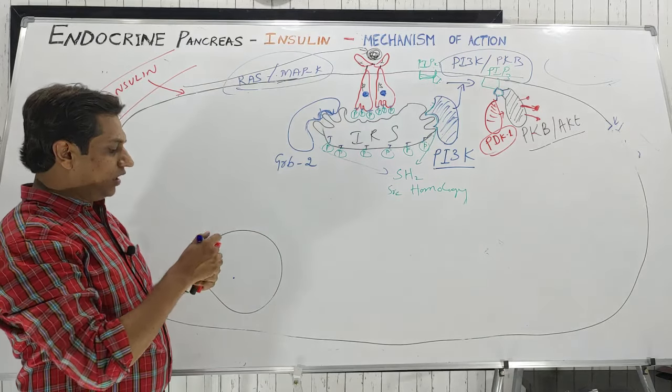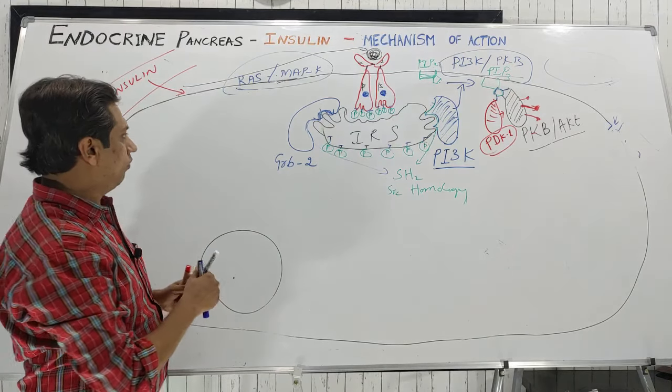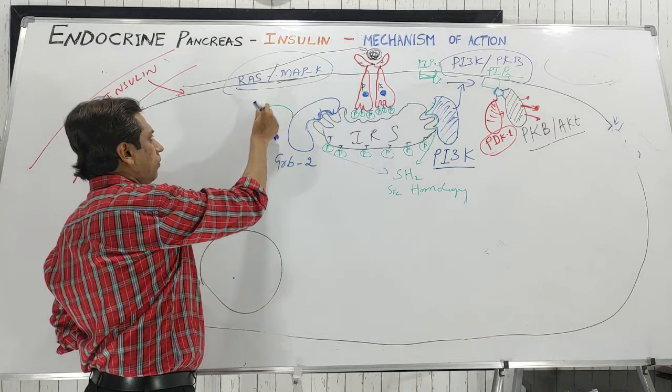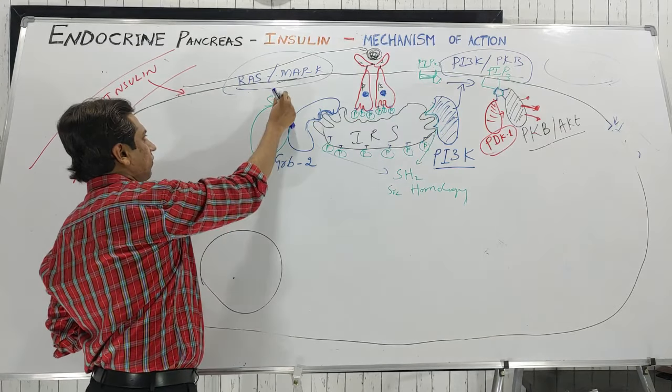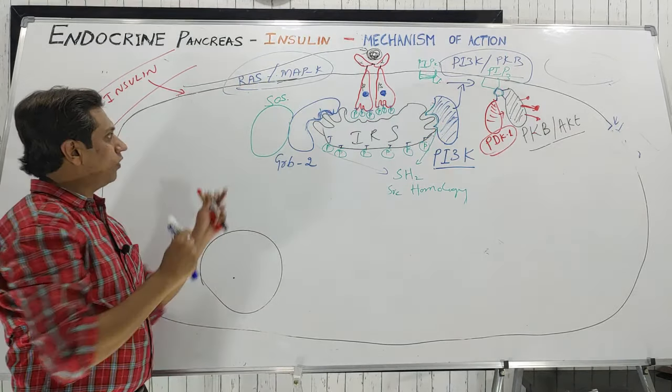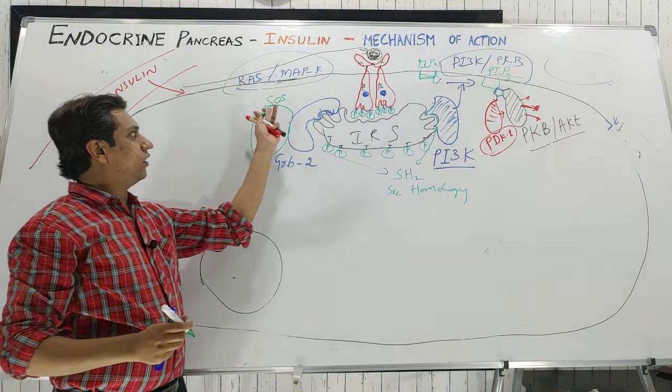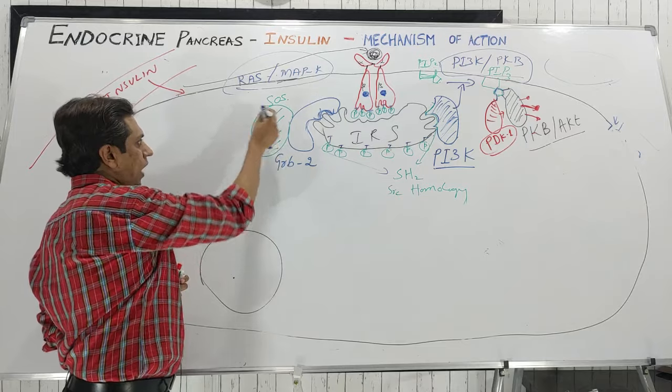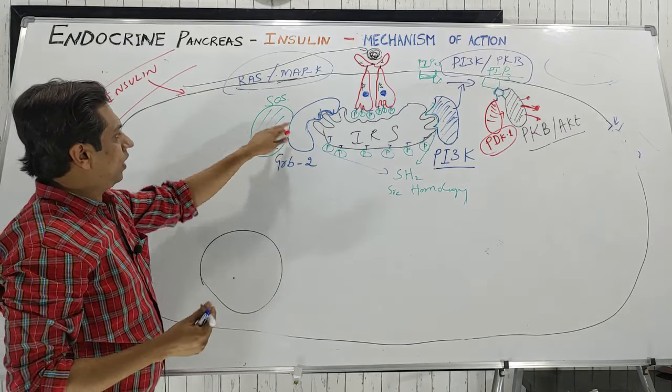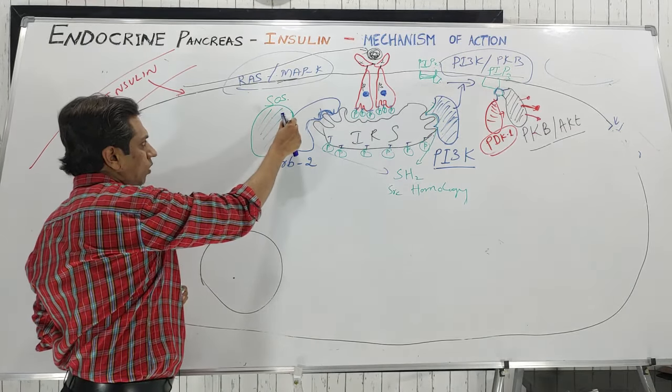So this activated protein will now activate one more protein molecule known as SOS, son of sevenless. Okay, don't concentrate much on the names, just remember one protein, GRB2, which has the Src homology 3 domain.